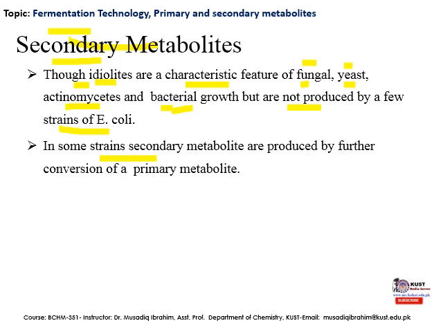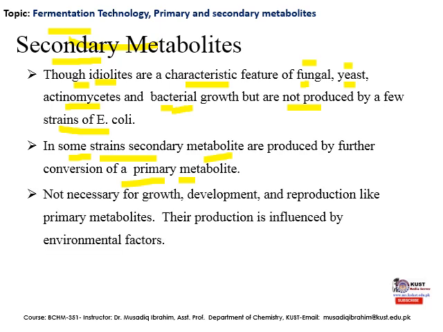Now, in some strains, the secondary metabolites are produced by the conversion of primary metabolites. So when the primary metabolites have been produced, they are then converted into secondary metabolites, but that is possible only in some strains of microorganisms.